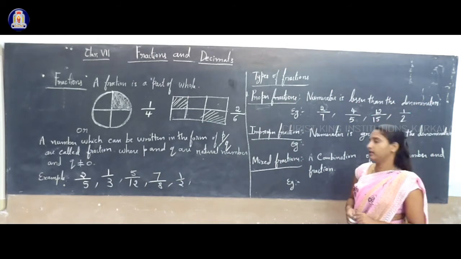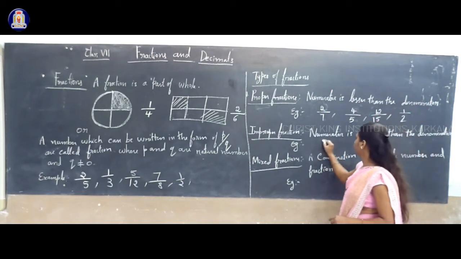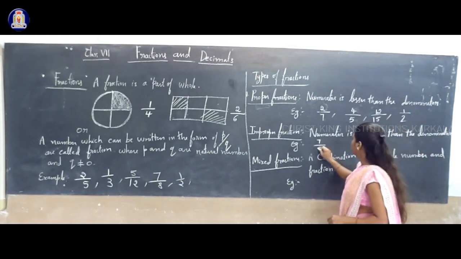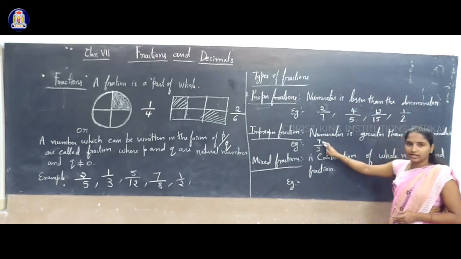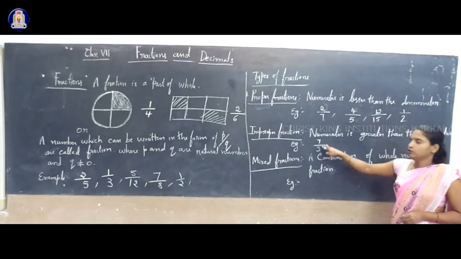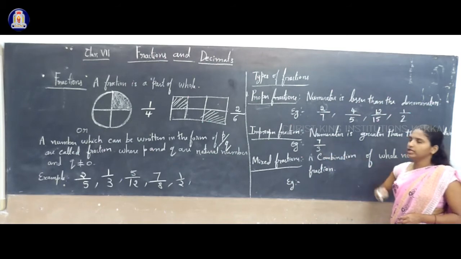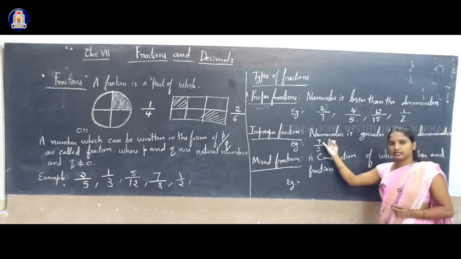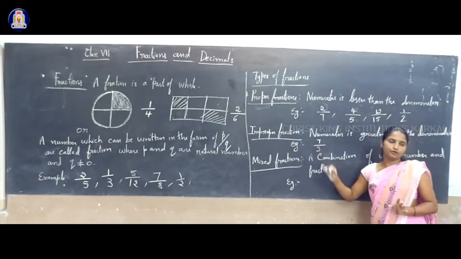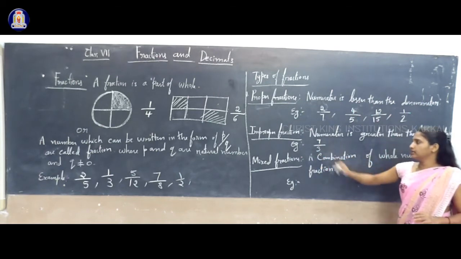For example, 7 by 3. In this example, the numerator is the greater, larger number, right? The denominator is the smaller one. So 7 by 3 is an example of an improper fraction because the numerator is greater than the denominator.